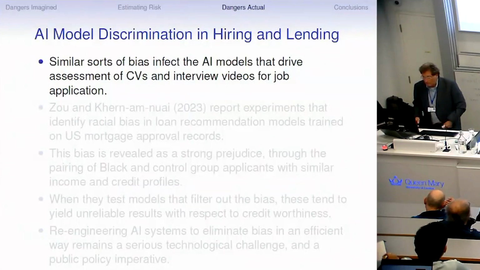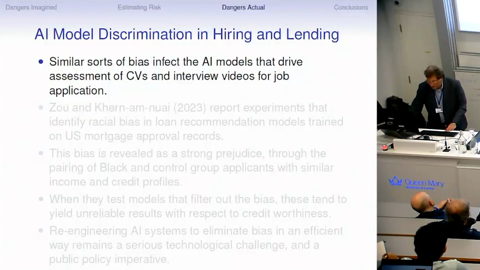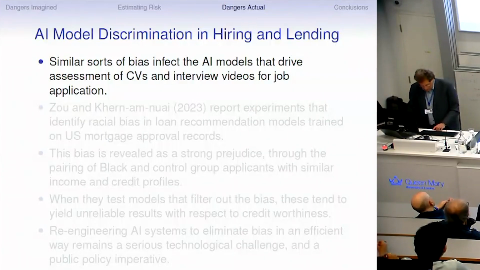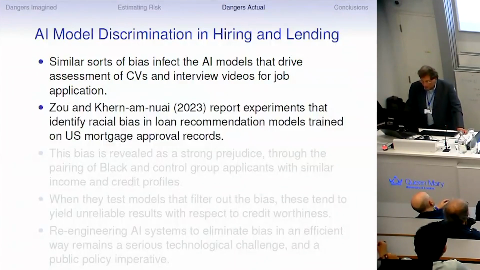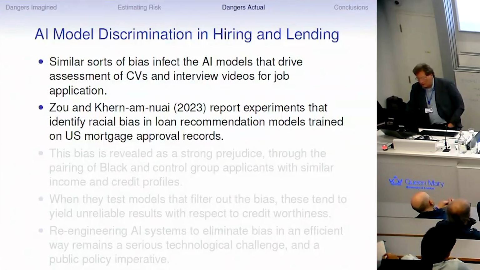AI models discriminate in hiring and in lending in a big way. So you see similar kinds of biases coming up in AI models driving assessment of CVs and interview videos for jobs. And there are a number of studies, one particularly impressive one by Su and Karanam Noah in 2023, reporting experiments on racial bias in loan recommendations.